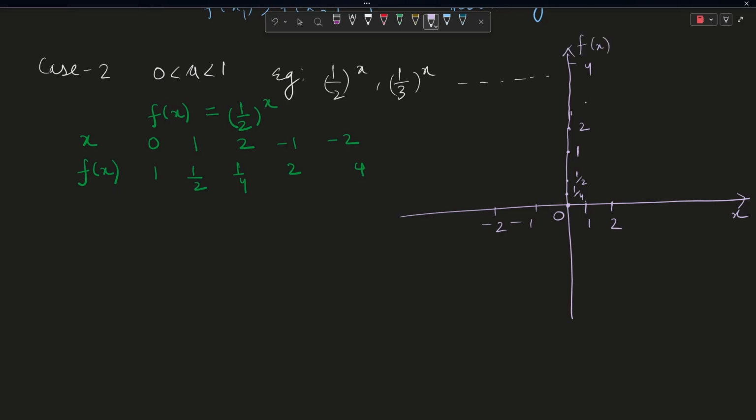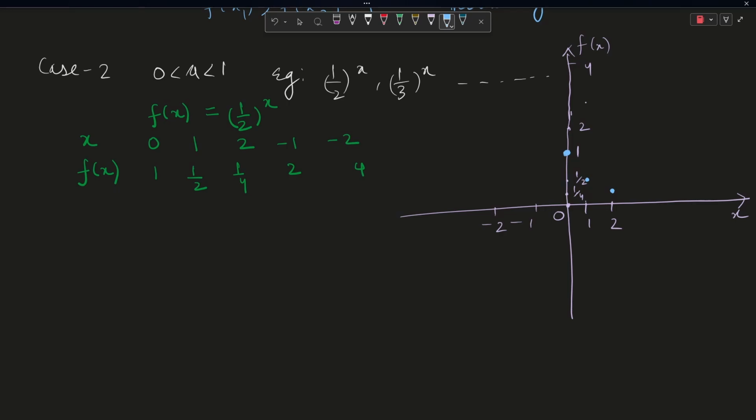Right? Now, when x is equal to 0, f of x is equal to 1. When x is equal to 1, f of x is equal to half, so somewhere here, right? When x is equal to 2, the value of f of x will be 1 by 4.